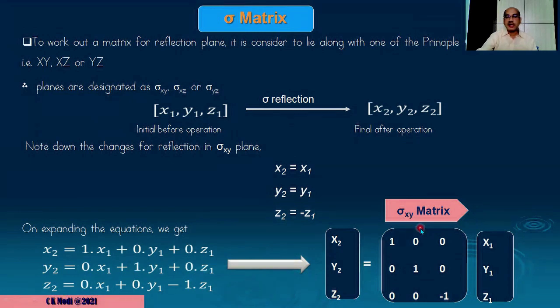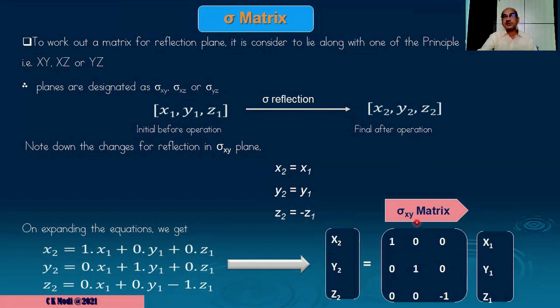What is the value of sigma xz? In that case, x and z coordinates are situated in the plane. However, y, which is perpendicular to the plane, so in that case sigma xz is 1 0 0, 0 minus 1 0, 0 0 1. Okay, and what about sigma yz? What is the matrix for sigma yz?